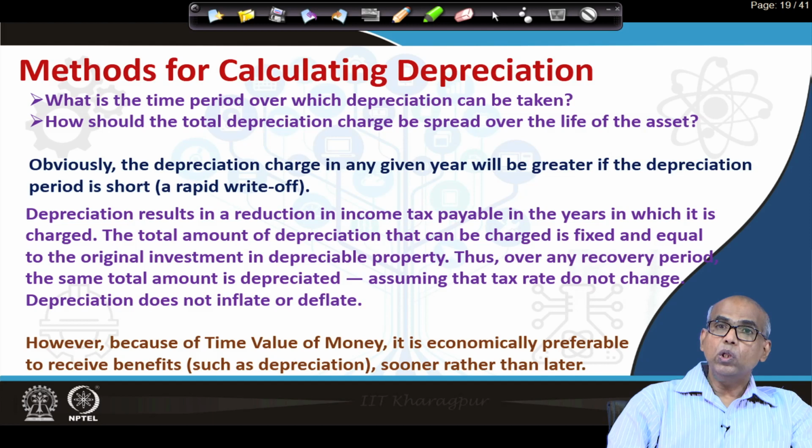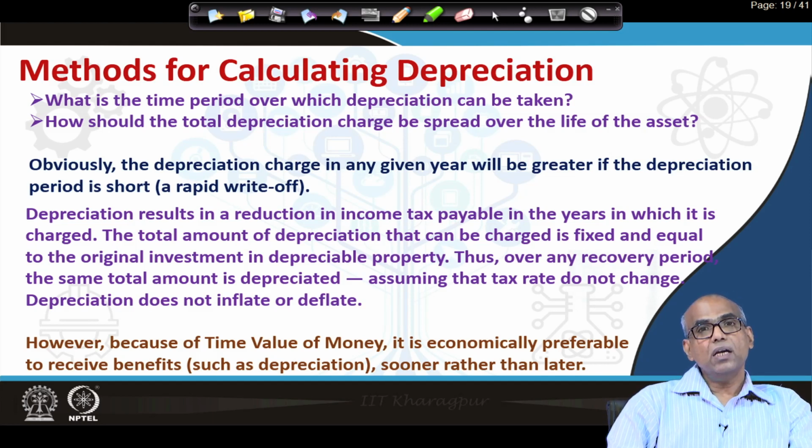Now, although the same amount of charge, the same amount of money, can be charged as depreciation over the recovery period, because of the time value of money, it will be economically preferable to receive depreciation sooner rather than later, because the money has time value.